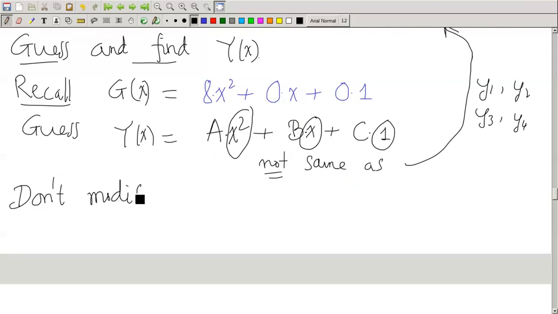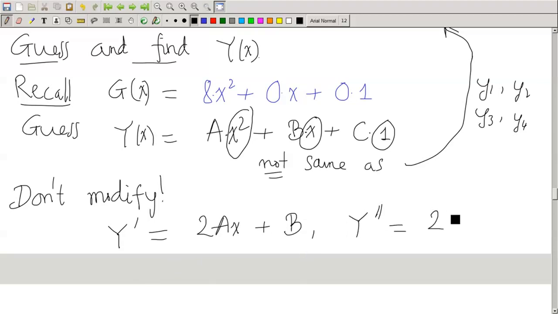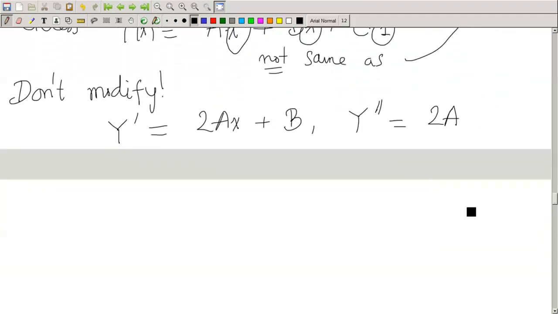Actually, we're not allowed to do so, because if we modify, we won't be able to solve. Once we know the format of y, we can take the derivative and try to plug in the equations. The derivative will be 2ax plus b. Second derivative 2a. Third derivative 0, and we need also the fourth derivative with 0 as well.